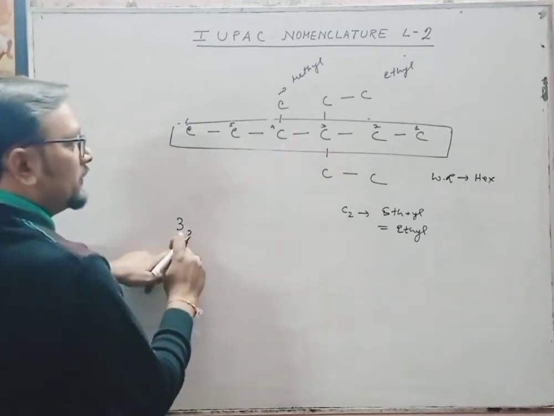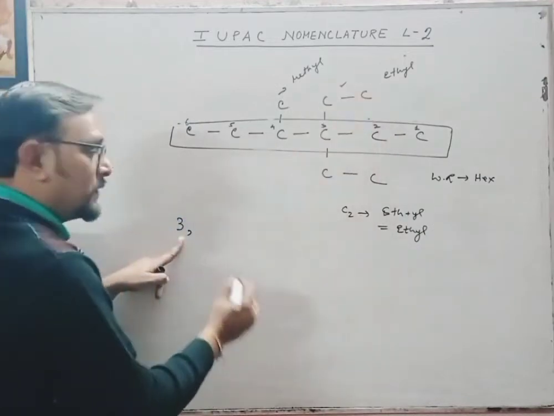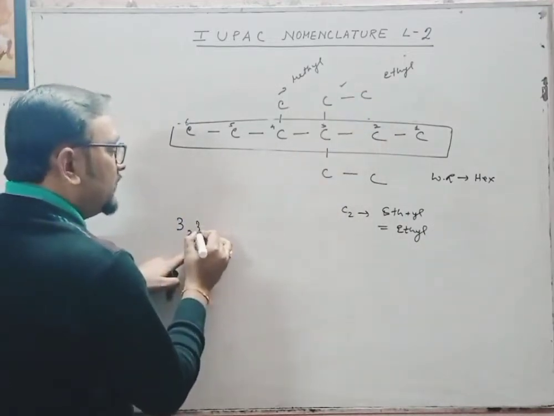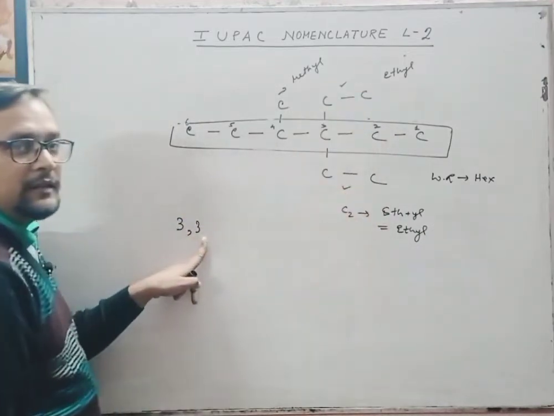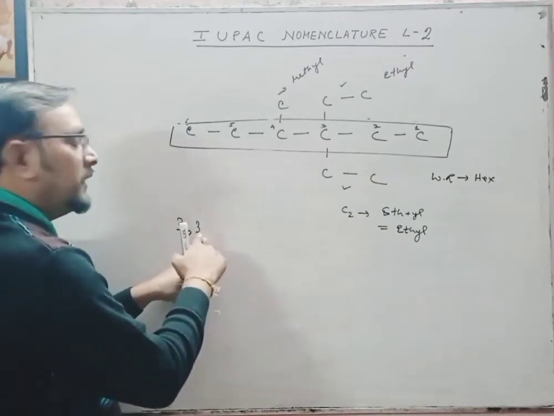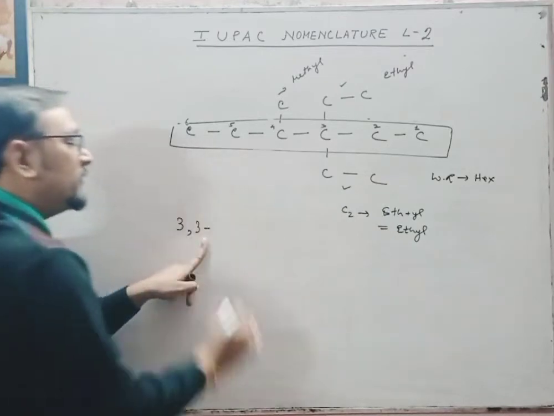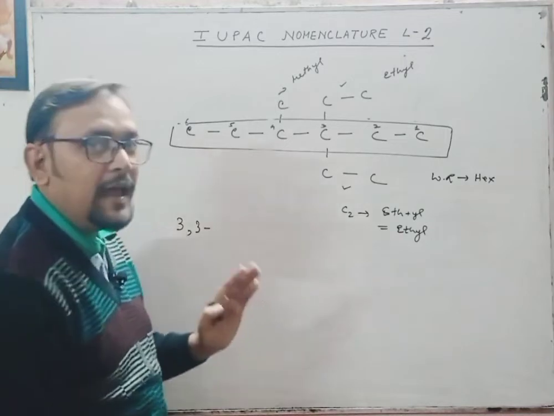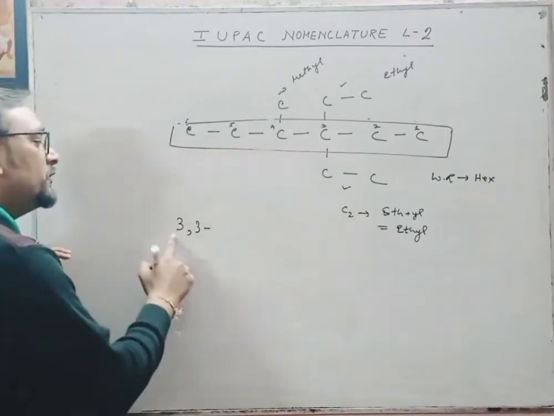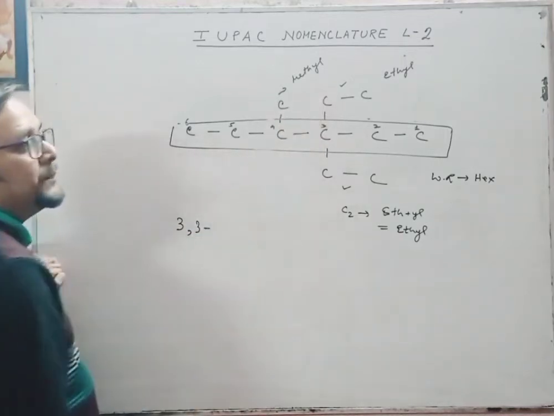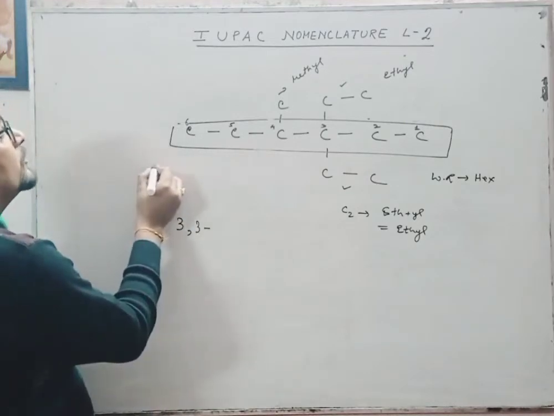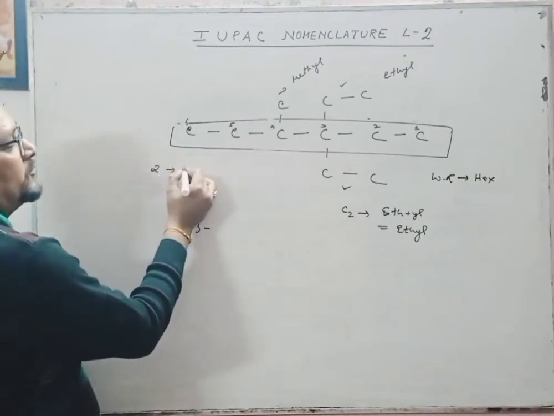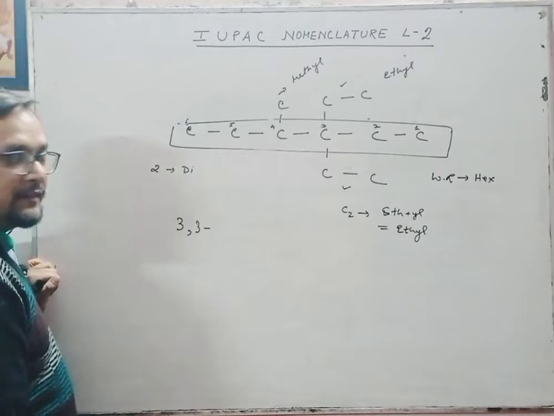So 3 I have done for this, say. Another 3 I will write for this ethyl. So 3 comma 3. Now I will give a hyphen. Why? Because now I am going to write some alphabet. You see that ethyl has repeated twice. If something is repeating twice, what is the prefix we use? Di, isn't it?